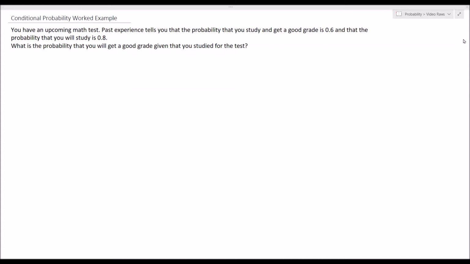Now this question revolves around the concept of conditional probability. For events A and B, where event A occurs after event B has occurred, the conditional probability of A given B is given by the following formula.